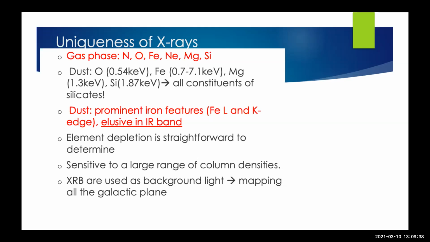From what I said, it is straightforward to understand that we can measure how much of a certain element is depleted into dust, as we have access to both the gas phase and the solid phase in the X-ray band. We measure both, and we can understand the ratio. X-rays are also sensitive to a large range of column densities, and bright X-ray binaries are used as background light, so we can map the whole galactic plane.